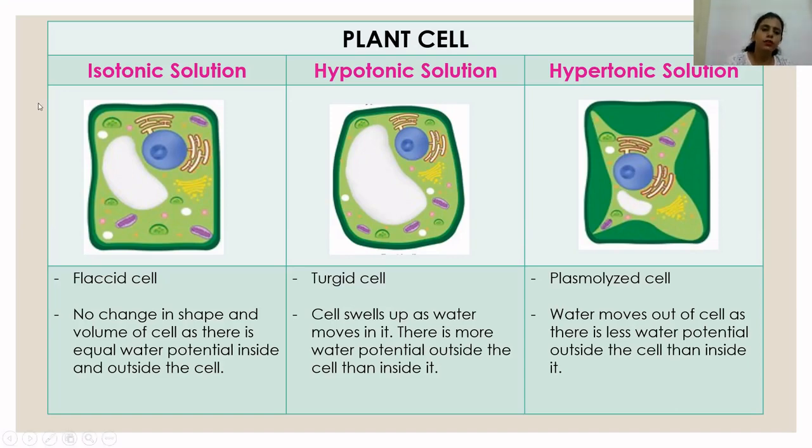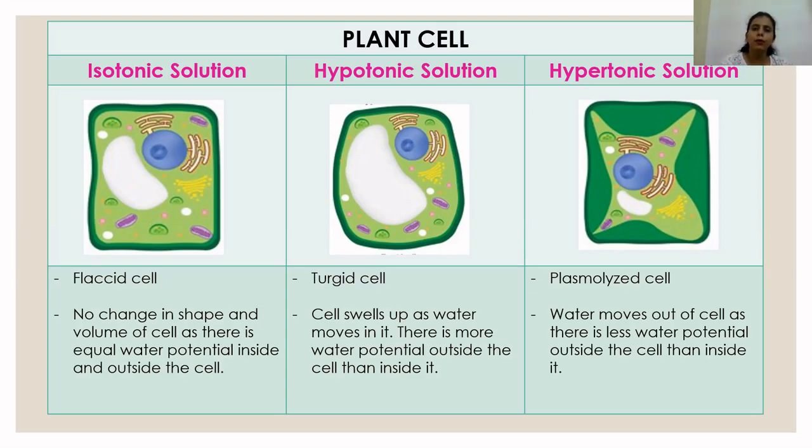In an isotonic solution, a plant cell is known as a flaccid cell, F-L-A-C-C-I-D. The meaning of flaccid cell is that only the exact amount of water molecules required is present inside the cell, with no excess.